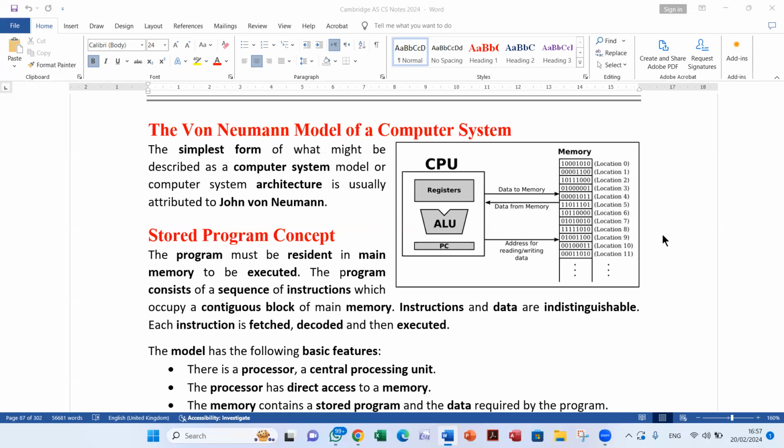The von Neumann model of a computer, the simplest form of what may be described as a computer system architecture, is usually attributed to John von Neumann. It is he who invented the stored program concept.